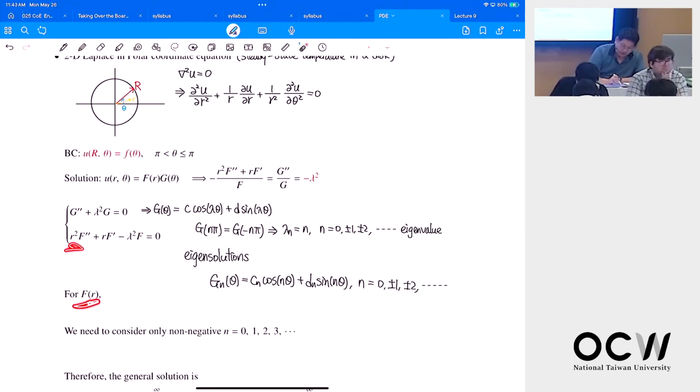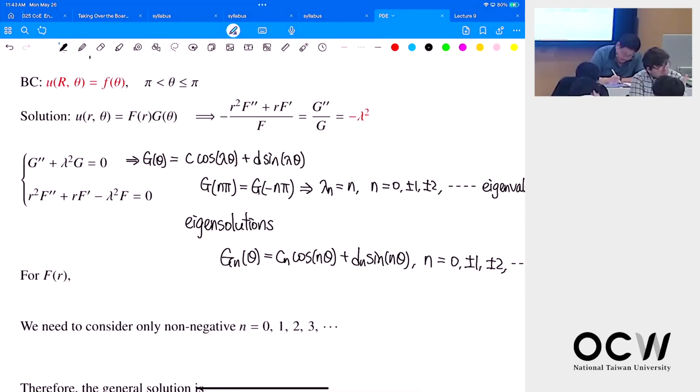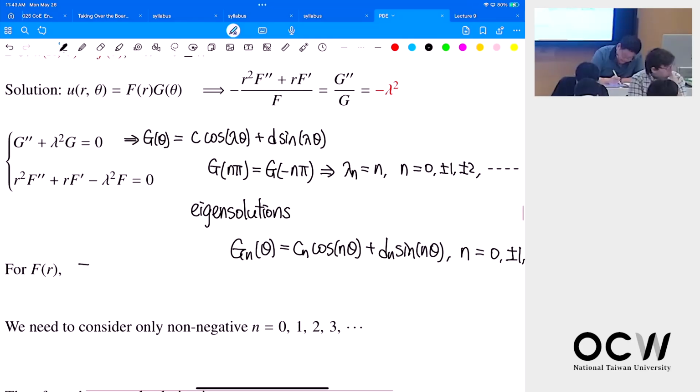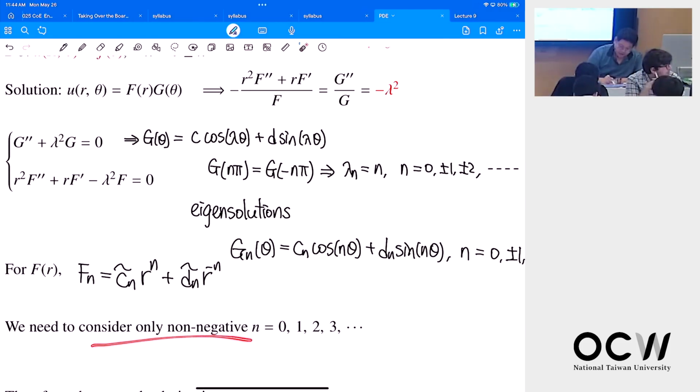For the r, we can tell that F_n will also be a constant times r to the n plus a constant times r to the minus n. And we only consider the non-negative n.